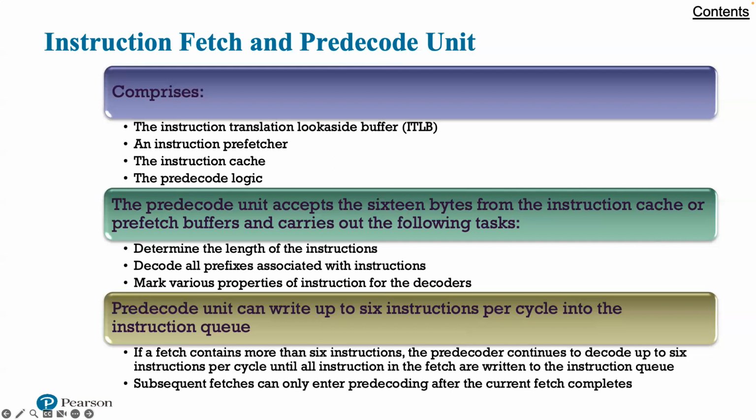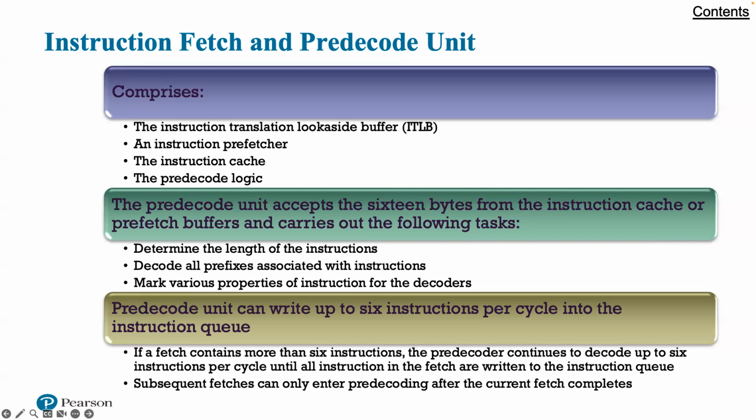The predecode unit accepts the 16 bytes from the instruction cache or prefetch buffers and carries out the following tasks. It determines the length of the instructions, it decodes all prefixes associated with instructions, and marks various properties of instructions for the decoder, for example, is branch.